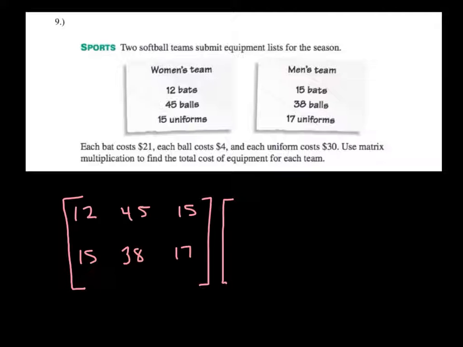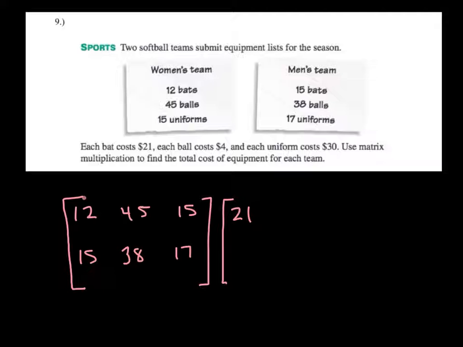So remember, again, we multiply the row by the columns. So if 12 is the first number in the row and that represents the bats, the first number in your column needs to represent the bat cost. So each bat costs $21.